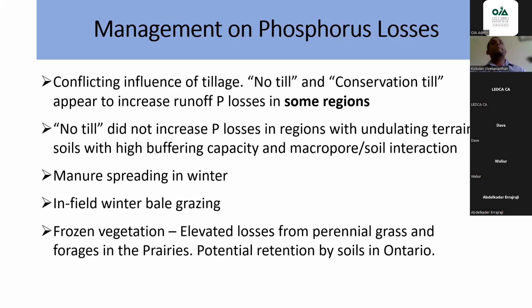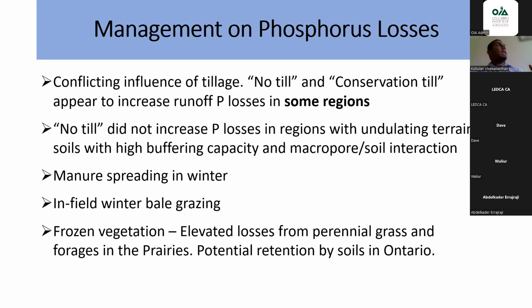There are also some management options that could contribute to phosphorus losses. Research has been done on the impact of tillage on field scale phosphorus losses, but the results are a little bit contrasting. In some regions like the Canadian prairies, no-till and conservation till appear to increase runoff phosphorus losses.